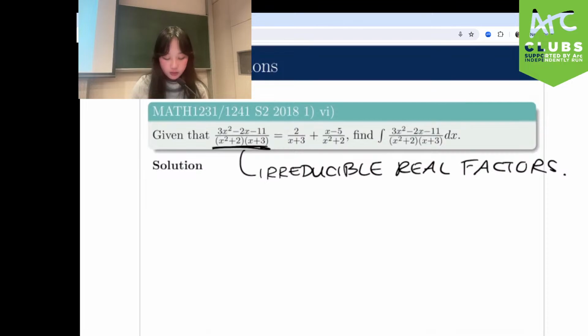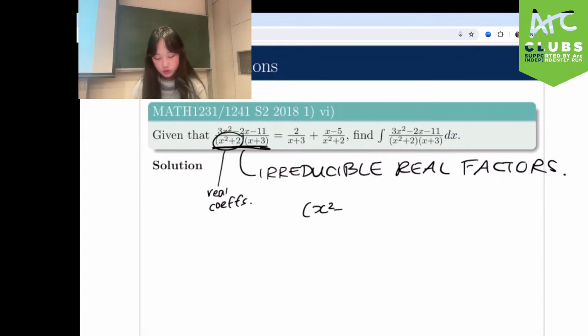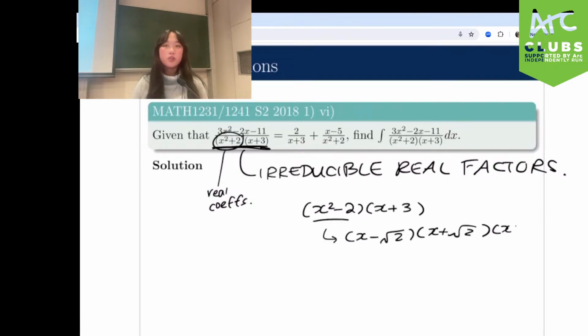And what that means is factors that are polynomials that have real coefficients that you cannot factorize any further into other real polynomials. For example, if it was x squared minus 2 on the bottom instead of x squared plus 2, this is not irreducible because we can reduce this one. This can go further down into this. So that's the final irreducible form.